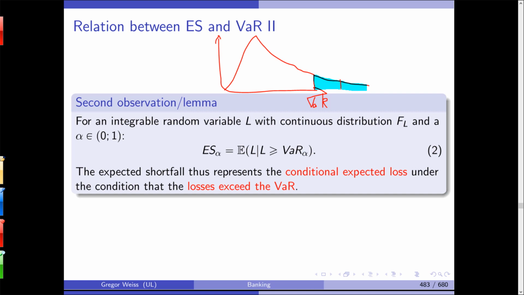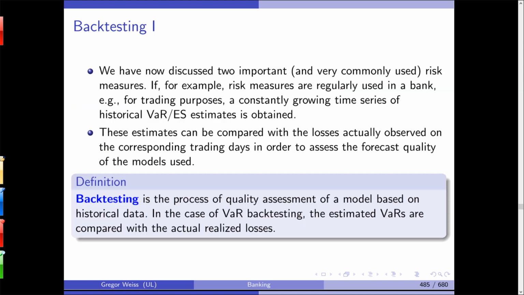And because of both the theoretical advantage of coherency and because you can use expected shortfall to measure extreme risk, nowadays, a couple of years ago, after the financial crisis, supervisors changed regulation in banking and in insurance, and nowadays they want to see value at risk and expected shortfall. Obviously for different purposes. You can use value at risk more on a day-to-day basis, whereas you need to calculate expected shortfall in order to be prepared for extreme adverse market scenarios. That's expected shortfall. It's coherent, okay.